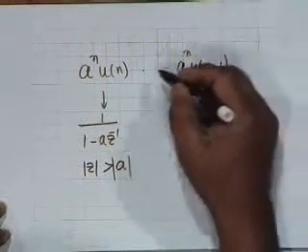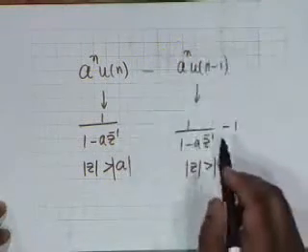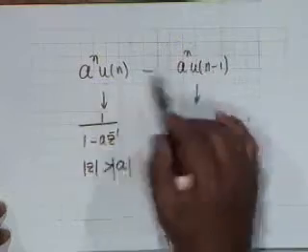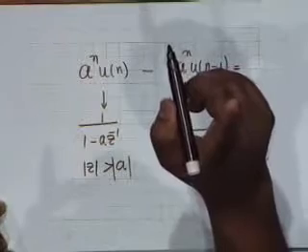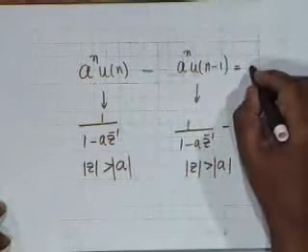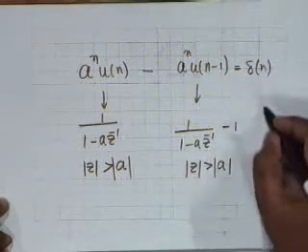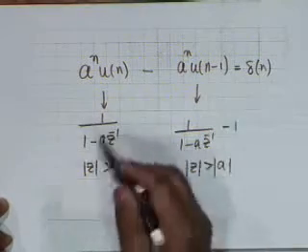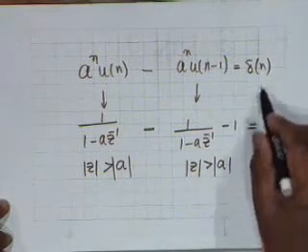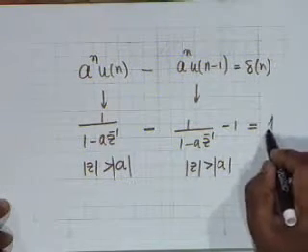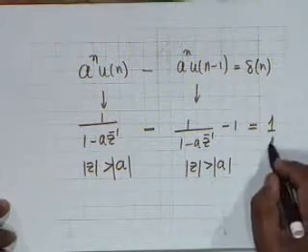All right. Now if I subtract one from the other, what do we get? We get a single sample at n equal to 0, and the value is 1, and therefore it becomes a delta n. And therefore in terms of Z transforms, we have to subtract this, and the Z transform of delta n is 1. What happens to the ROC?